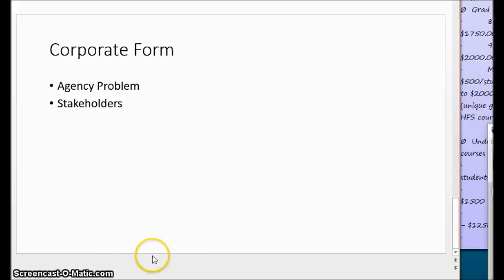Stakeholders includes a wide variety of people, including employees of the firm, managers of the firm, people who live in the community where the company is located, even the customers of the firm. And the stockholders, of course, are stakeholders as well. They certainly have a vested interest in the performance of the firm. I want to clear up that terminology, what a stakeholder is versus a stockholder.